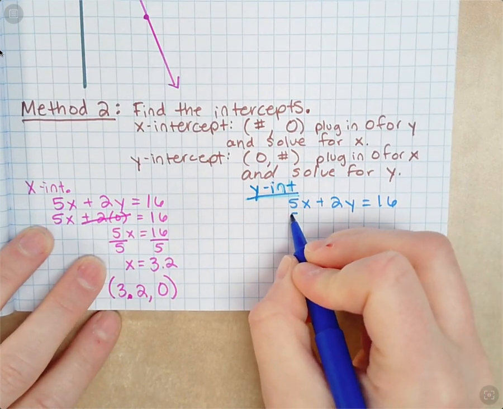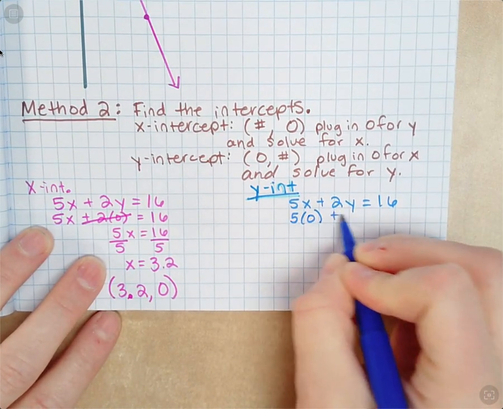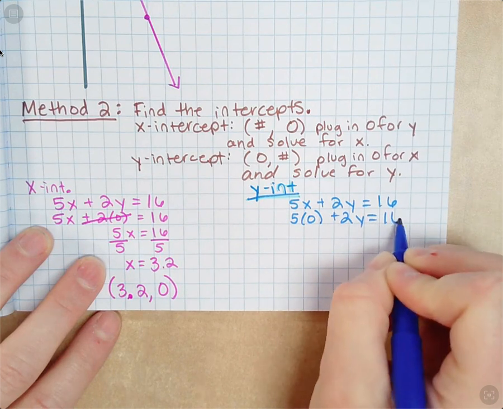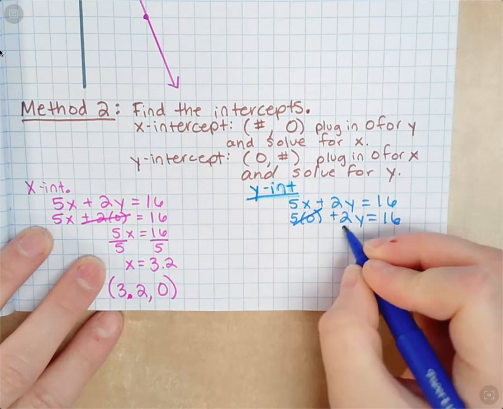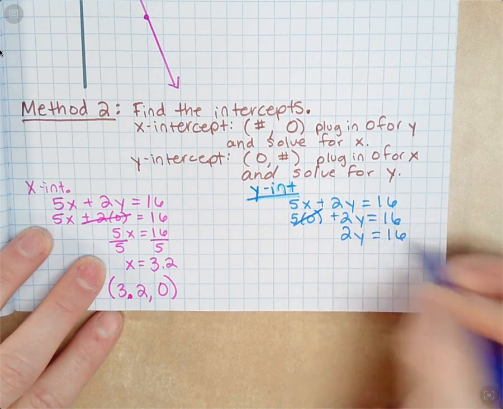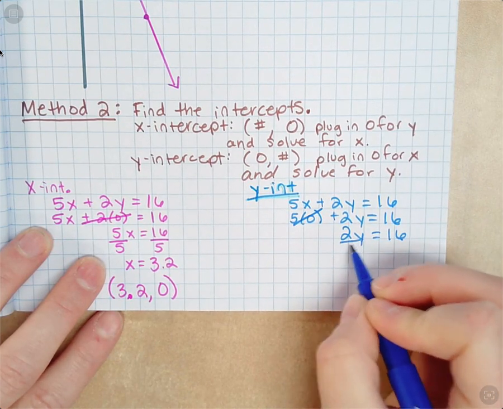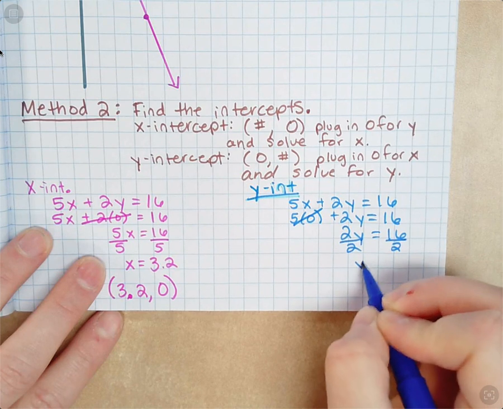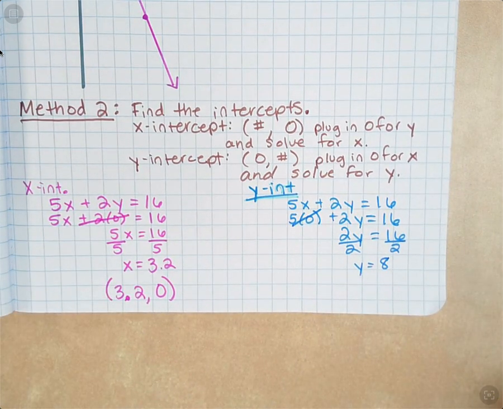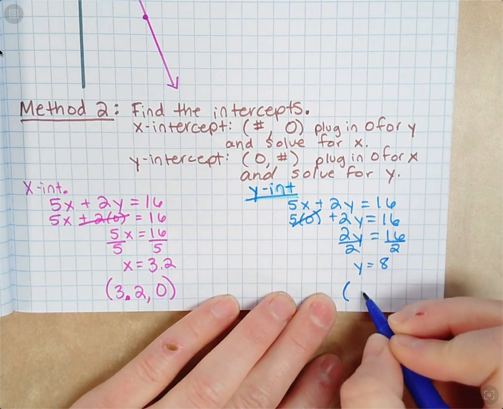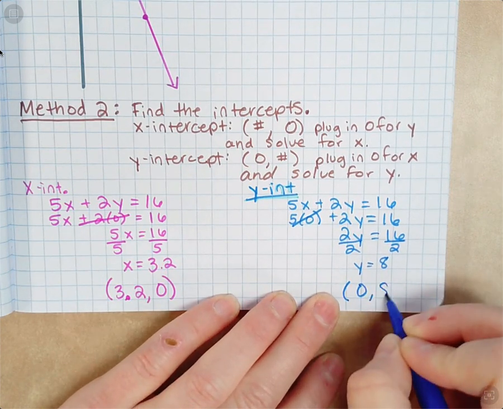So 5 times 0 plus 2y equals 16. 5 times 0 is 0, so we have 2y equals 16. Divide by 2, y equals 8. So then our y-intercept is going to be 0 for x, 8 for y.